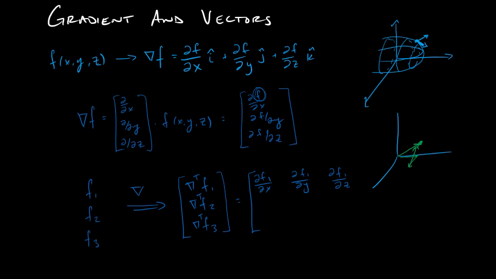And then I could go down as well. I'm probably going to run out of space here, so let's make this a little bit bigger. And we say now the derivative of function 2 with respect to x, so on and so forth, and the derivative of function 3 with respect to x. There we go. And we can just keep doing this process until at the very end we have the derivative of function 3 with respect to z.